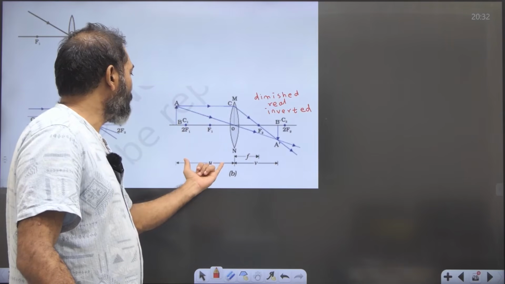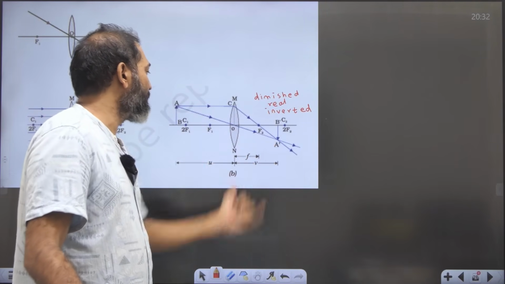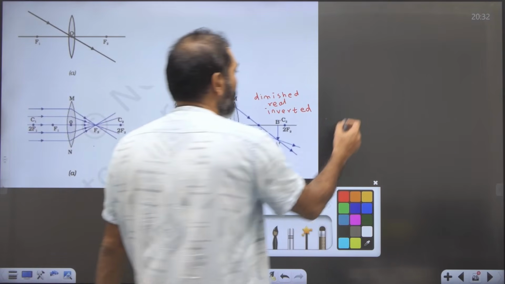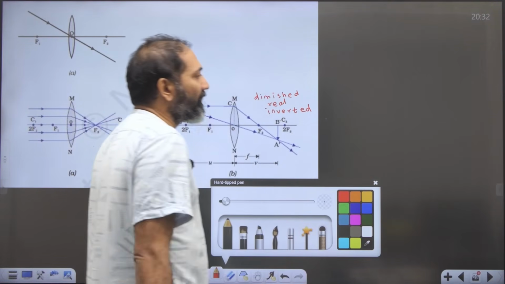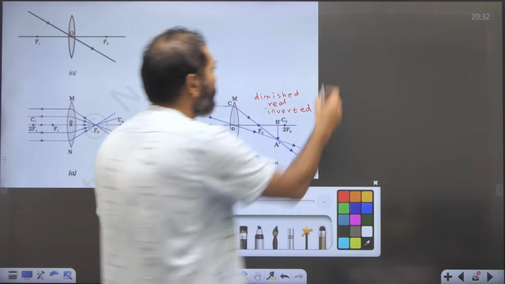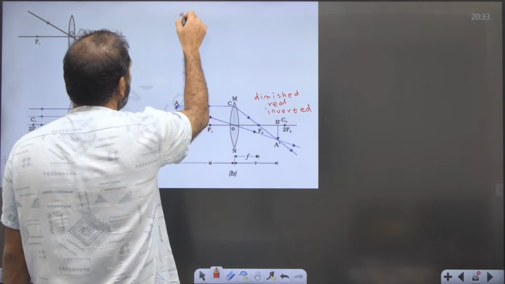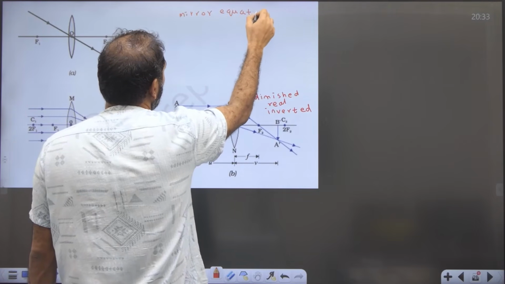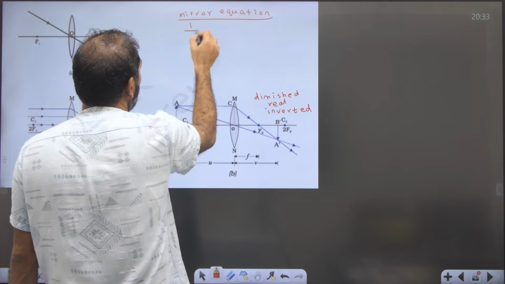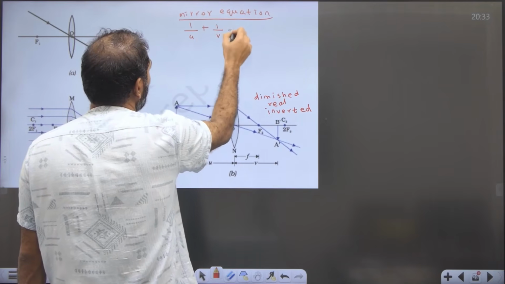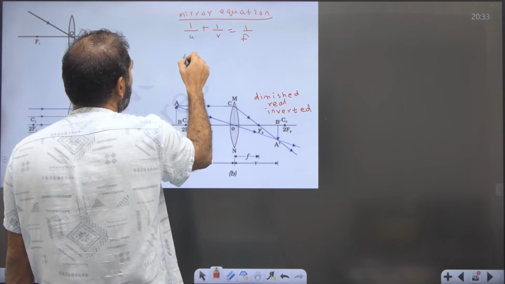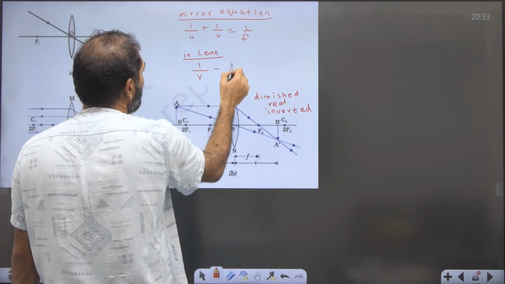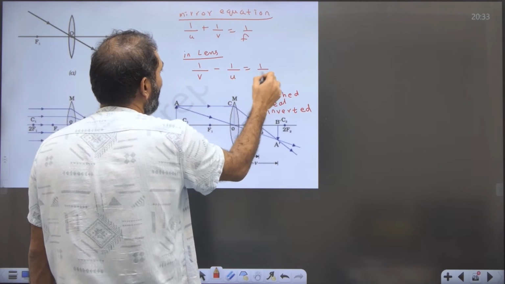What is u? Object distance. What is v? Image distance. Remember the mirror equation. What was the mirror equation? 1 by u plus 1 by v is equal to 1 by f. In lenses, the equation is 1 by v minus 1 by u is equal to 1 by f.